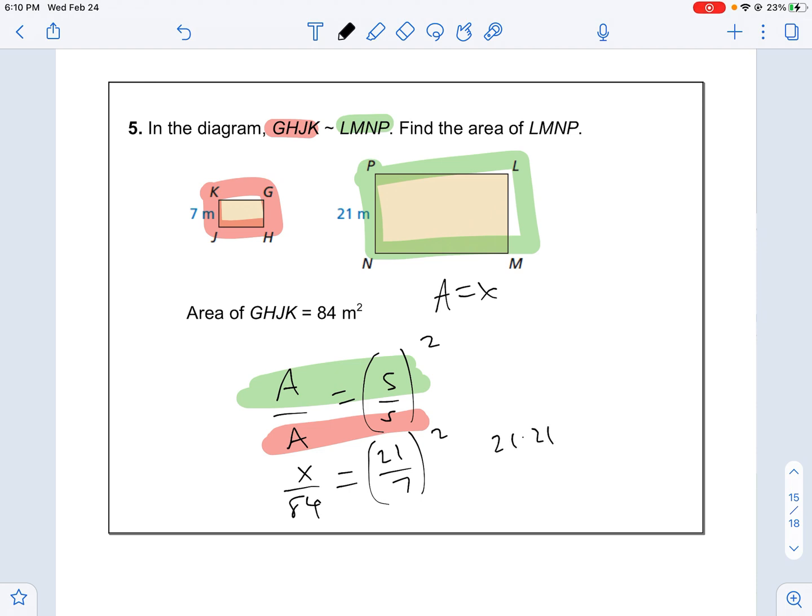So this is 21 times 21, which I believe is 441. 7 times 7, which is 49. So this is x over 84 equals 441 over 7. Cross multiply. And we get 84 times 441.